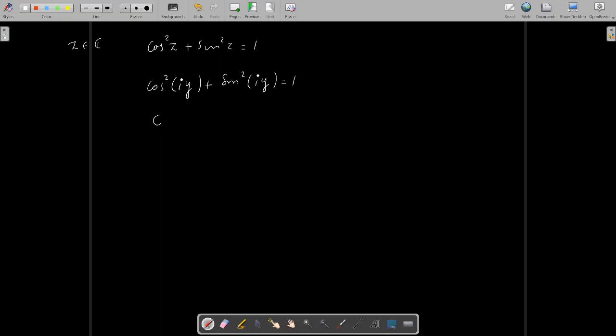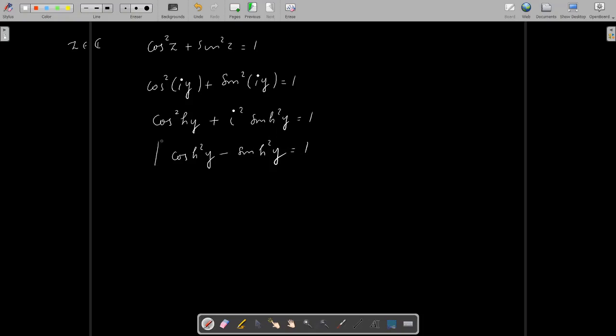So this can be written as cosh square y, because cos iy is the same as cosh y, plus you can write this as i square sinh square y, that is equal to 1. That is cosh square y minus sinh square y equals 1.